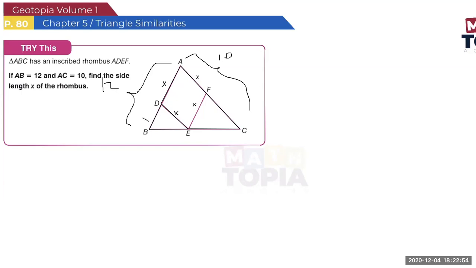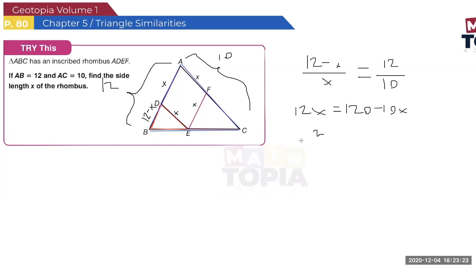Great. So BD is equal to 12 minus X. So we're going to do 12 minus X over X. And that ratio is equal to BA over AC, which is 12 over 10. So if we cross multiply, we get that X is equal to 120 over 22.